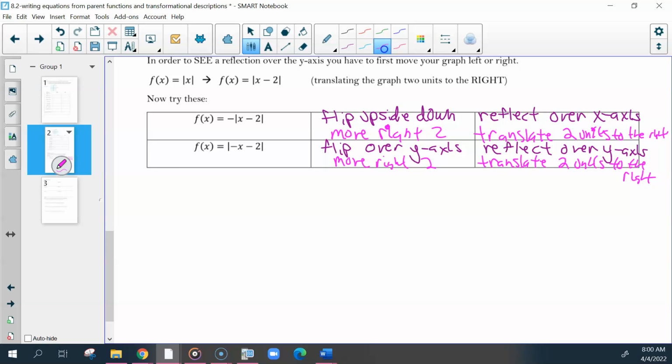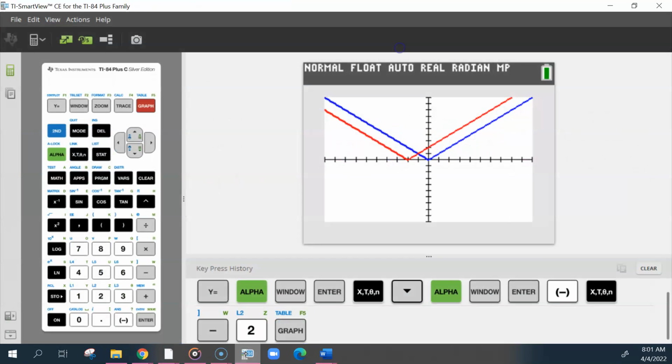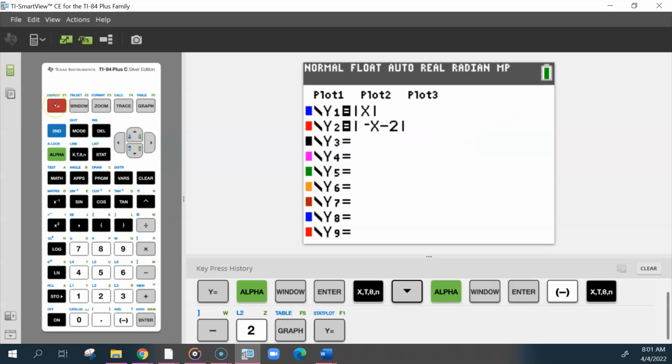But if we didn't have this negative, or the way it's graphed, it looks like it did this. Let's see. And I'm just going to put that in and graph it and see what happens. You don't need to do this. You can if you want to.